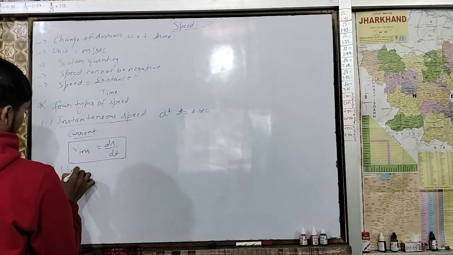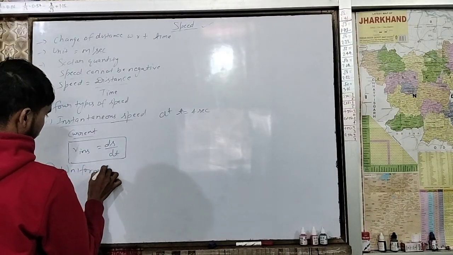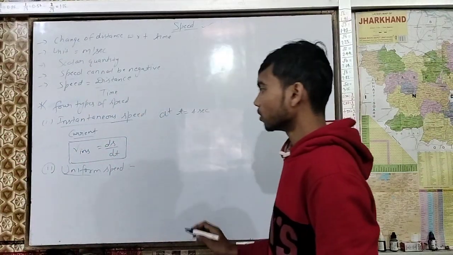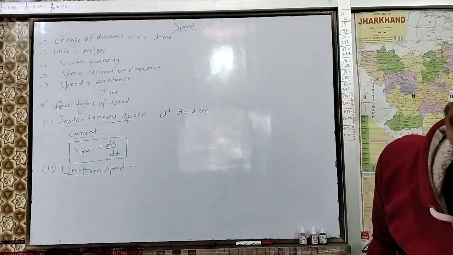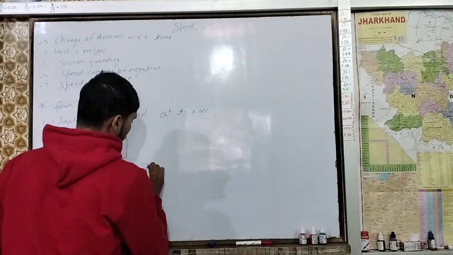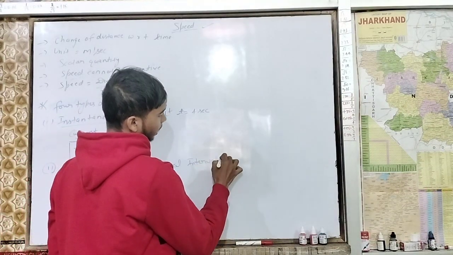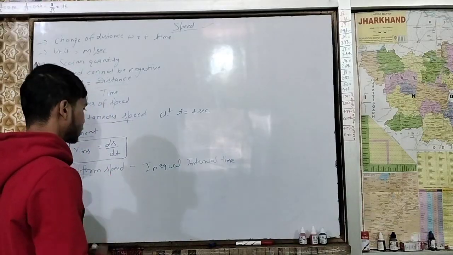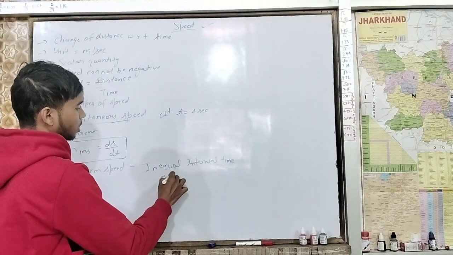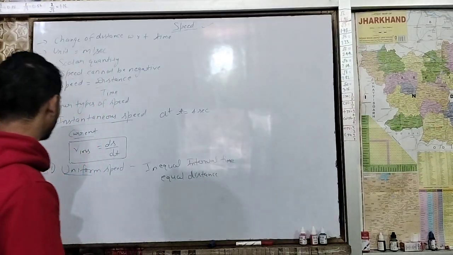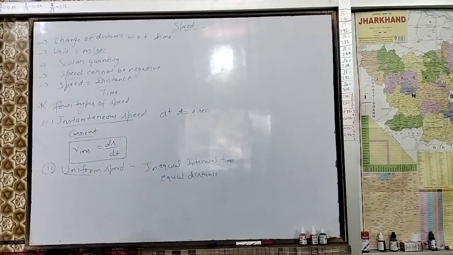Now next we have uniform motion, uniform speed. Can any one of you explain this word uniform? Remember, the meaning of uniform is equal. It says that if an object covers the same, equal distance in equal intervals of time, then we can say the object is moving with uniform speed.